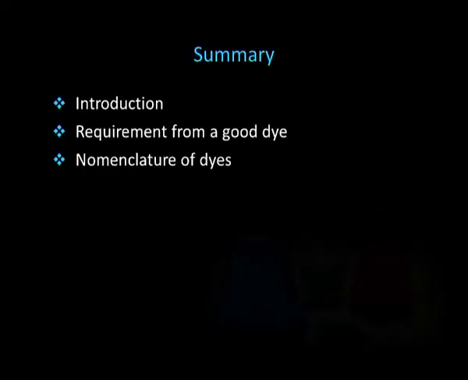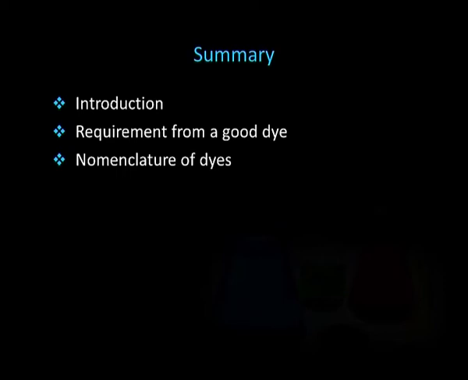So with this we have introduced what actually are dyes. Then we have also discussed the requirements of a good dye. A good dye is one which gives the required color to the material, and also the color is fast to light and the weathering effect. Then we have discussed the nomenclature of dyes.